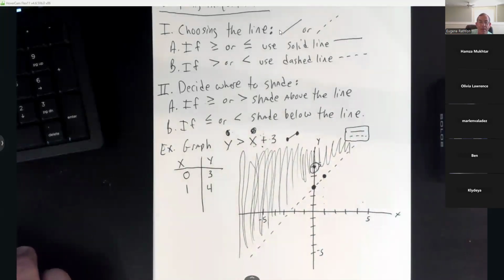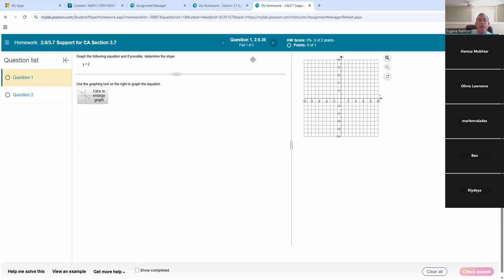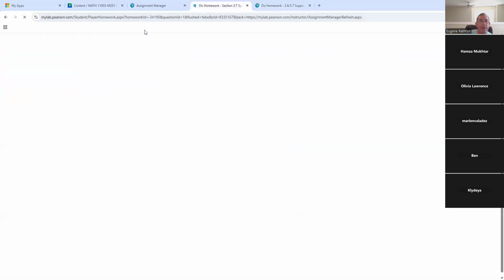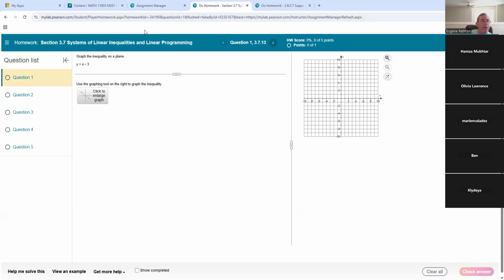So let me go to the MATLAB. And let me get us on to our homework for 3-7 here. All right, so our first one is y greater than x minus 3.